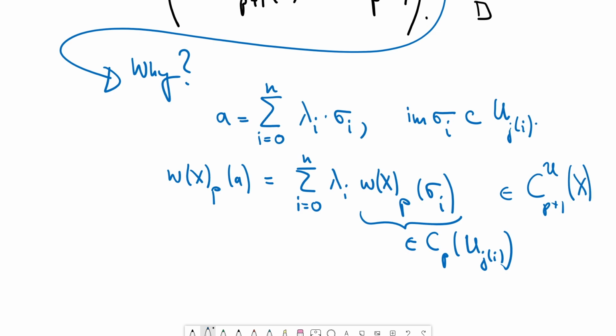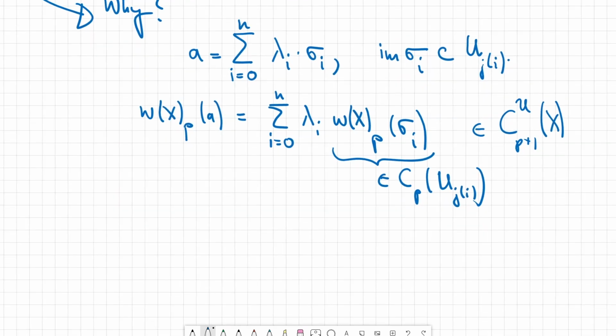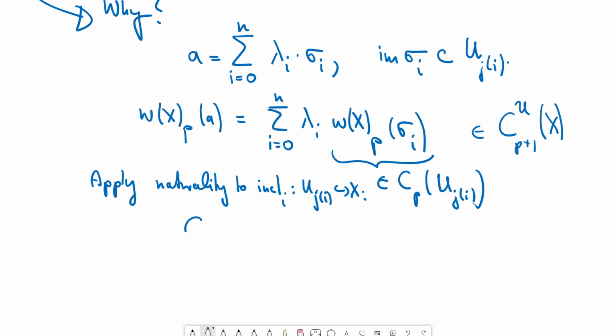So why is that? That's naturality, as already said. And naturality applied to the inclusion of U j i into x. So let's call this inclusion i of U j i into x. Because then it looks like this. Here you have U j i.